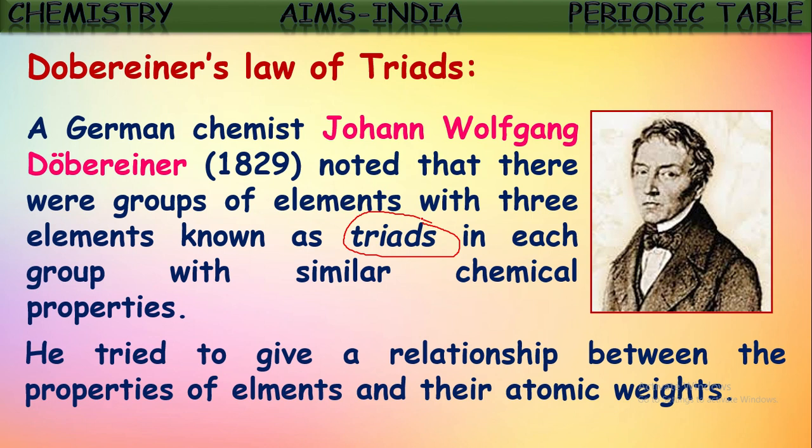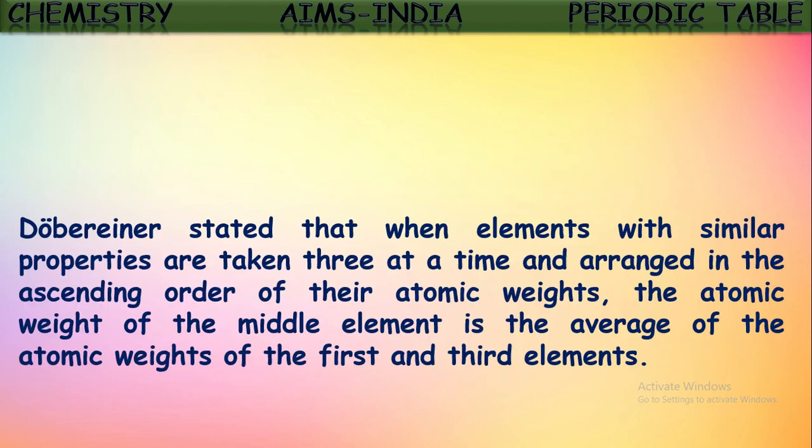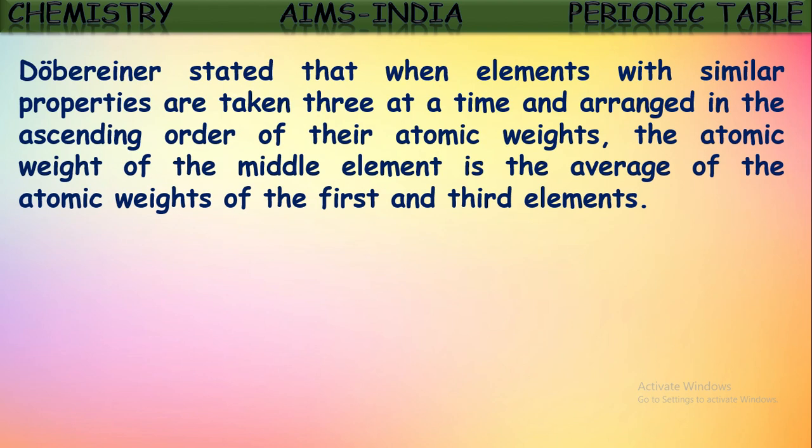He tried to give a relationship between the properties of the elements and their atomic weights. Döbereiner stated that when elements with similar properties are taken three at a time and arranged in the ascending order of their atomic weights, the atomic weight of the middle element is the average of the atomic weights of the first and third elements.